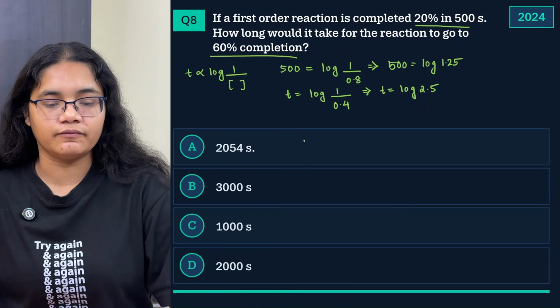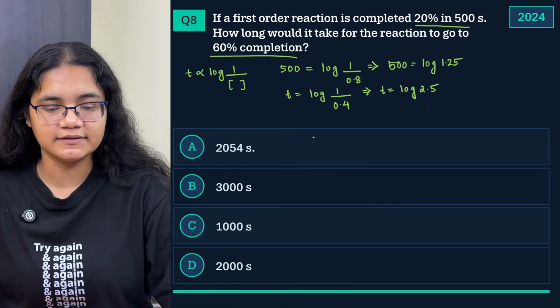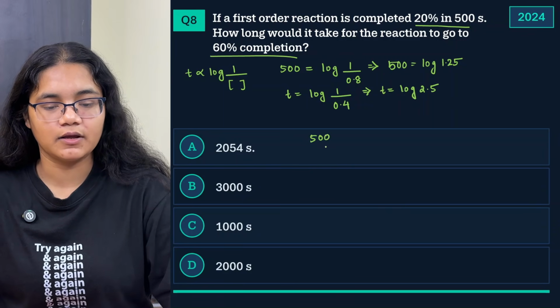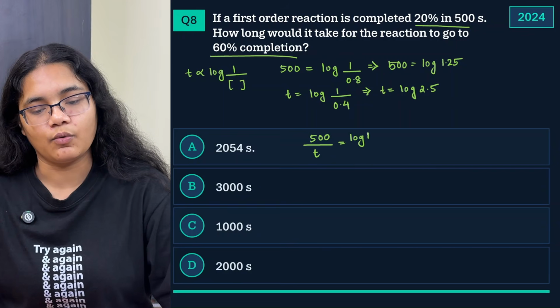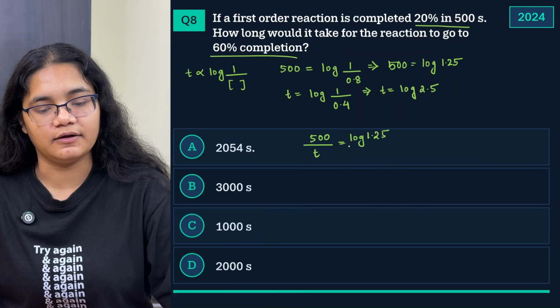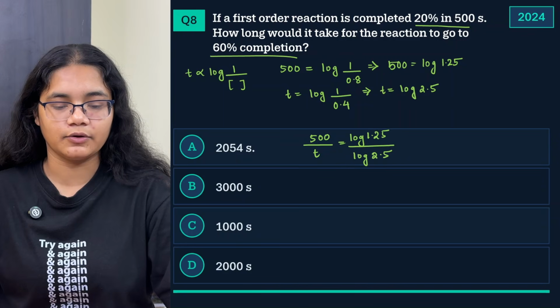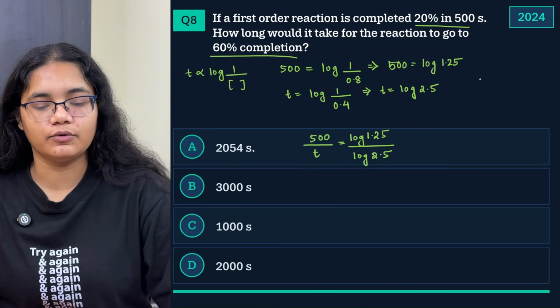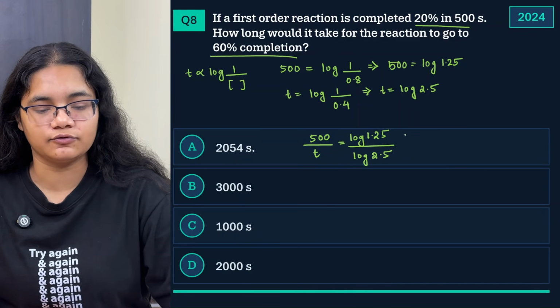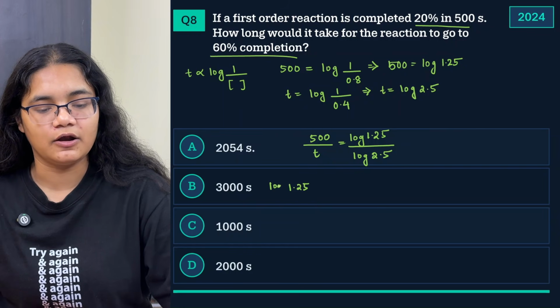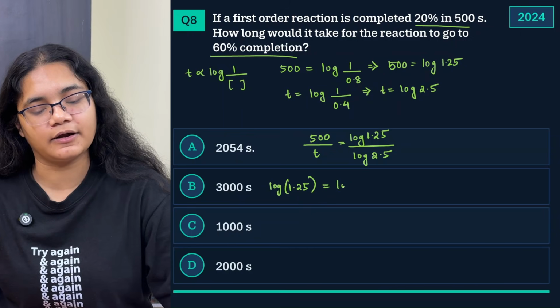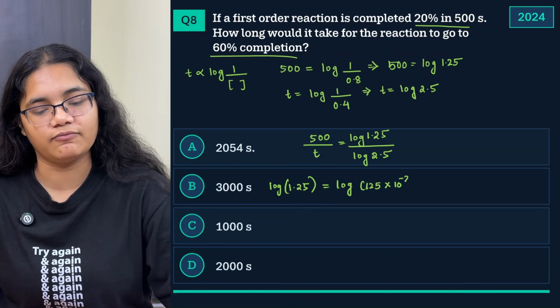So we have 500 divided by t is equal to log of 1.25 divided by log of 2.5. Now we can solve this. We know that these are both multiples of 5, so log 1.25 can be written as log of 125 into 10 to the power of minus 2.